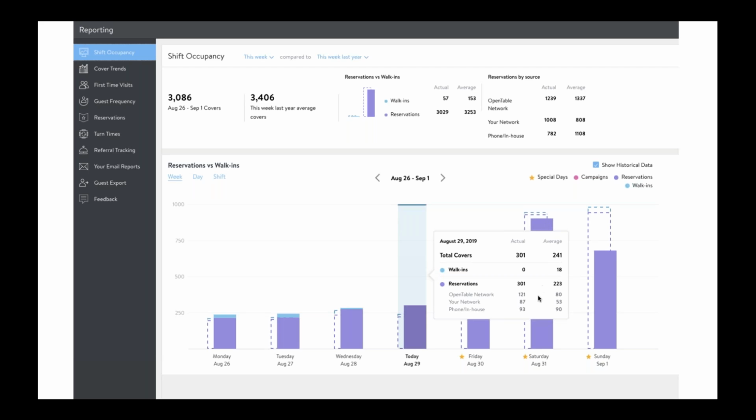If you're running low, if you think that it's not going to exceed that number and your past trend is not doing as well, you can contact your account manager. Say, hey, how do we work with OpenTable to help close that gap between what we did last year versus what we did this year?